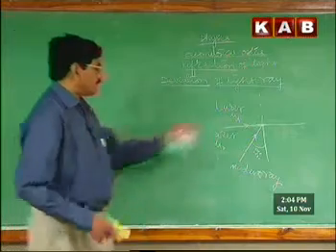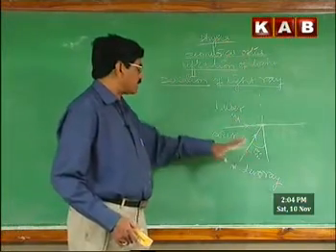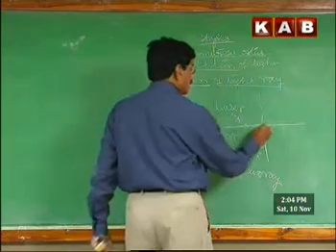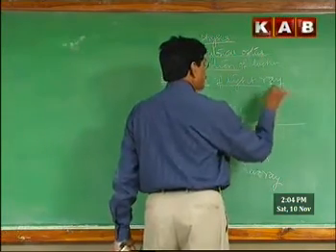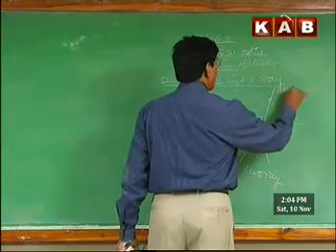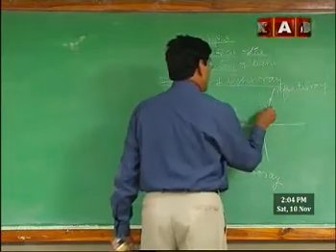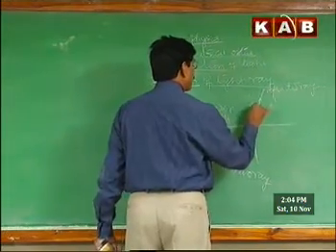Now in the denser medium, what happens? When a ray enters from rarer to denser, it bends towards the normal. Therefore, the refracted ray will go like this. This is the angle of refraction.